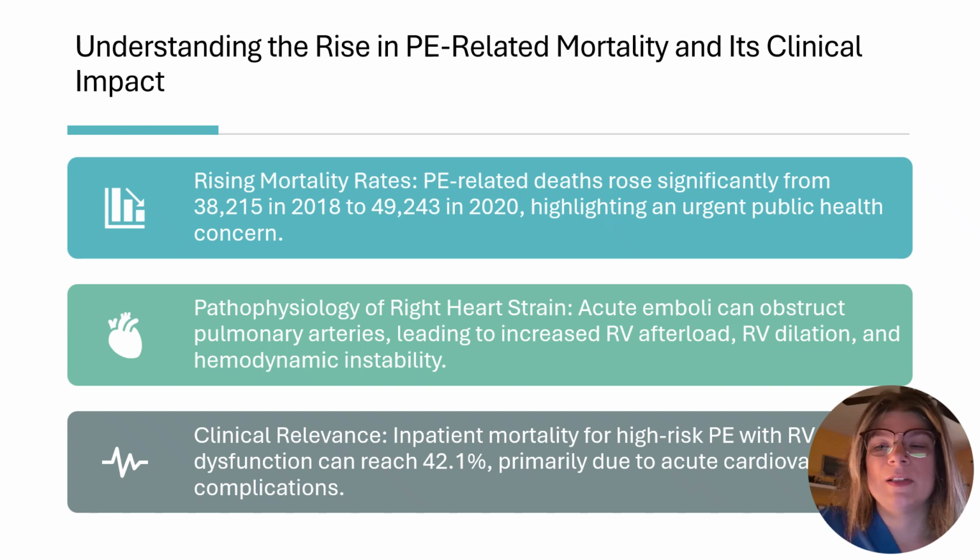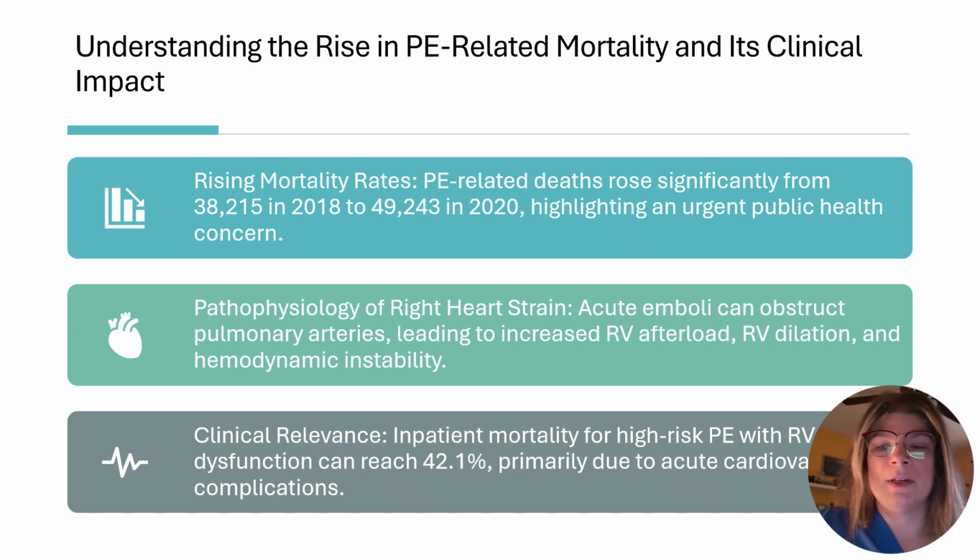The physiological basis for this rise in fatality often lies in resulting strain on the right side of the heart. When a pulmonary artery is blocked by a clot, the right ventricle must pump harder to move blood through the lungs, leading to dilation, dysfunction, and potentially cardiac arrest.